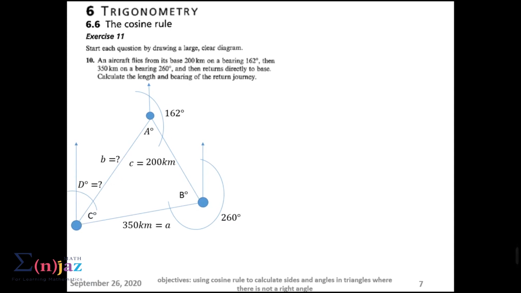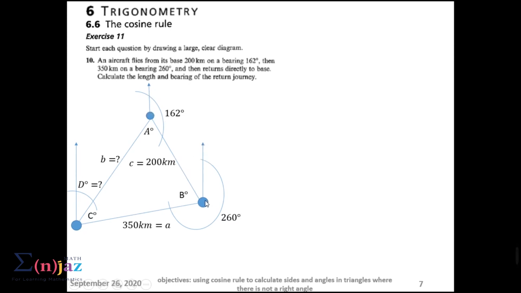Now, we know here two sides and none of the angles are known. So we must try to find one of the angles in this triangle. As you can see here, this is the 162, and we can know this angle here. Why?